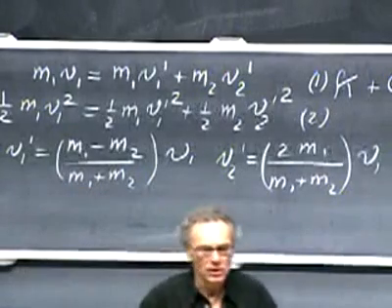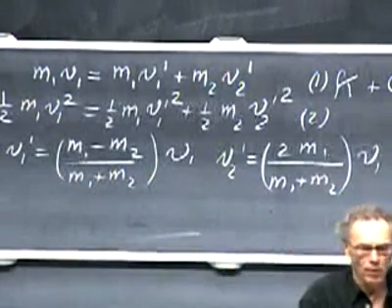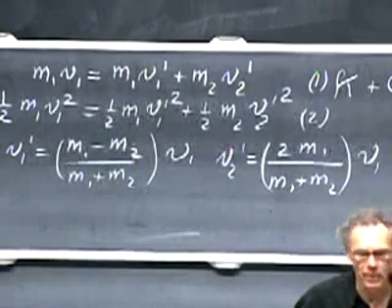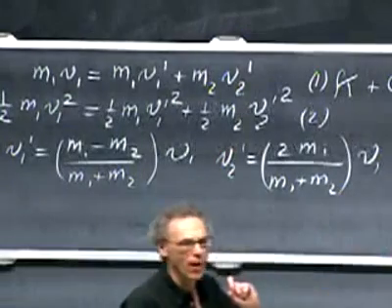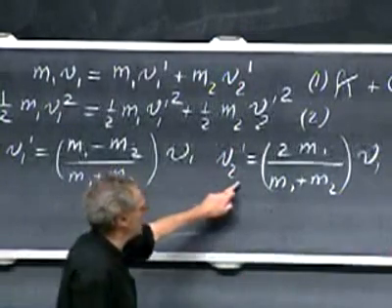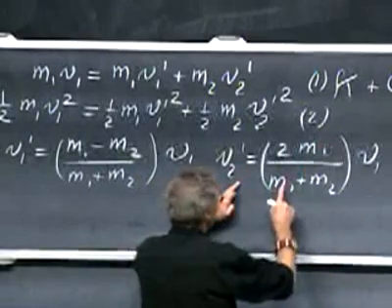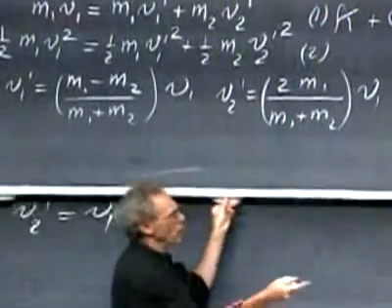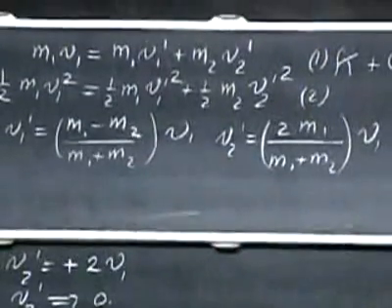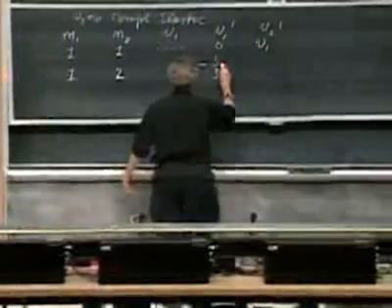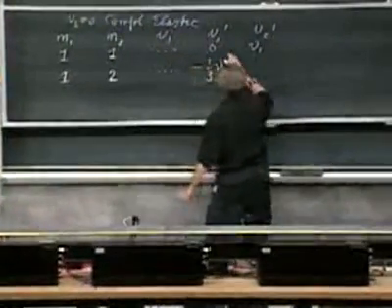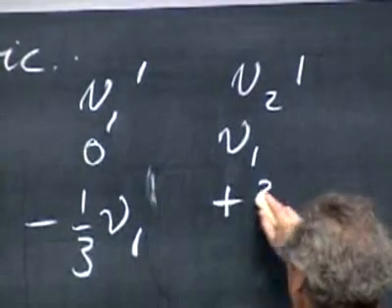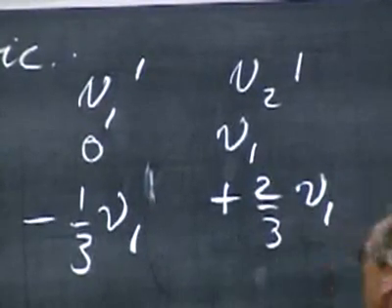If you bounce a lighter object off a more massive object, no surprise that it bounces back. So that's minus 1/3. And when we look here, we have 2 times 1 divided by 1 plus 2 is 3. That is plus 2/3. So number 1 will come back with a speed 1/3, which of course, since this is sign sensitive, we get 1/3 v1, and this one is plus 2/3 v1.